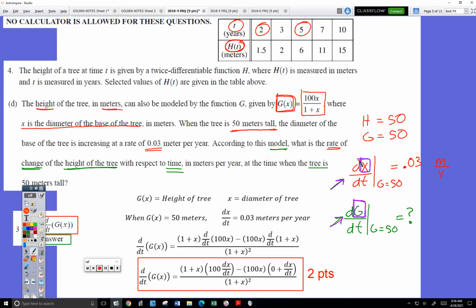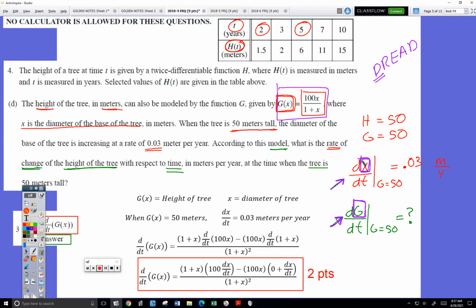And they gave me the formula that shows how g is related to x. So that's the formula I need to take the derivative of. I'm using the DRED process. I didn't formally make a DRED chart, but I basically did. These are the rates in the chart.